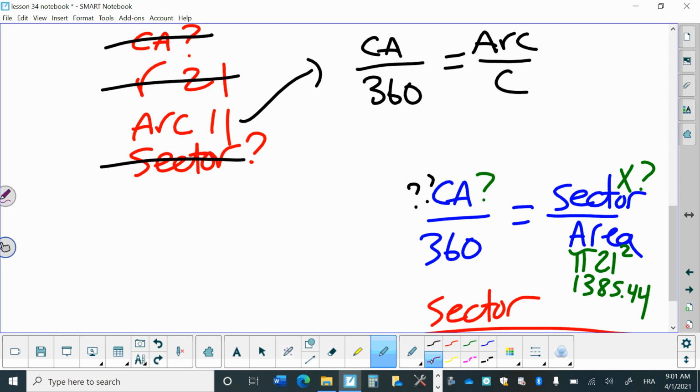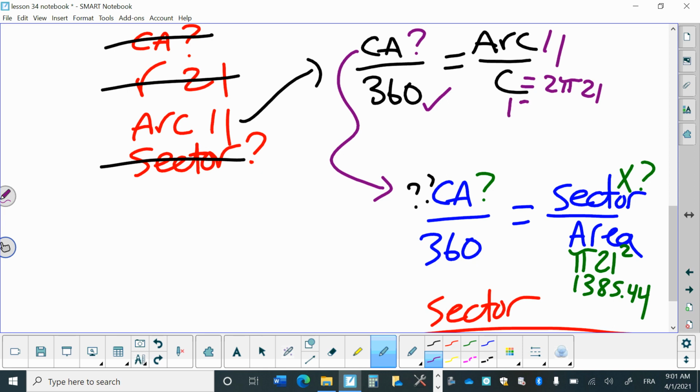So if I do it this way, central angle is really what I'm looking for to plug into my real formula. 360 I have, arc is 11, and circumference, super easy to find because I have radius, it's 21. So first thing, multiply up your circumference.